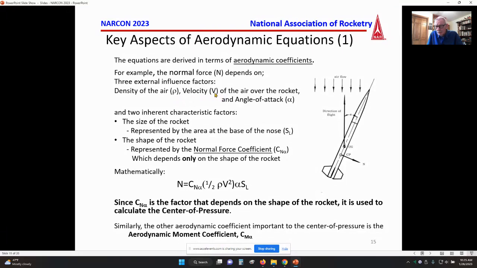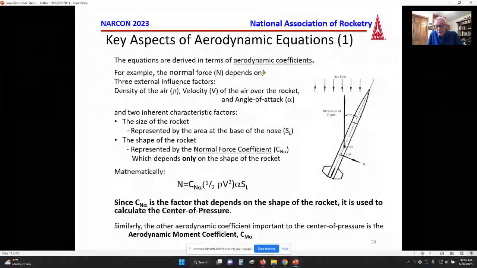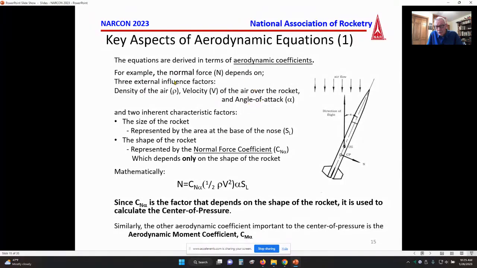The velocity, of course, once you lit that thing off, it's going to fly the velocity pattern that the engine and drag dictate. And of course, then the angle of attack, which will be dictated by how well you've aligned your rocket and also by the wind, as I talked about earlier. So those are not really under your control.